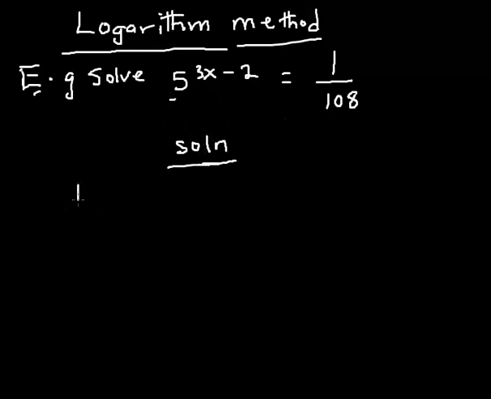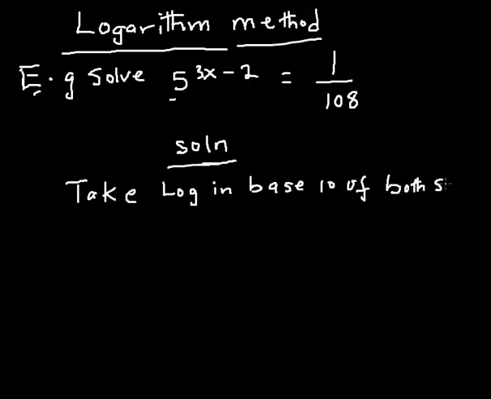So the first step in logarithm is just to take the log in base 10 of both sides. So I'm going to take the log of 5 raised to the power of 3x - 2.